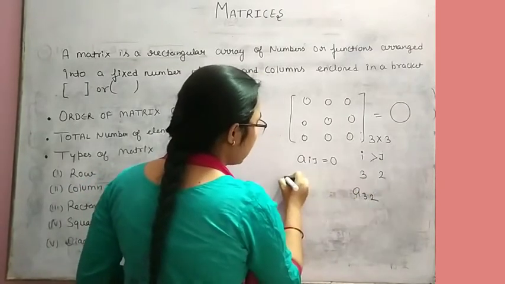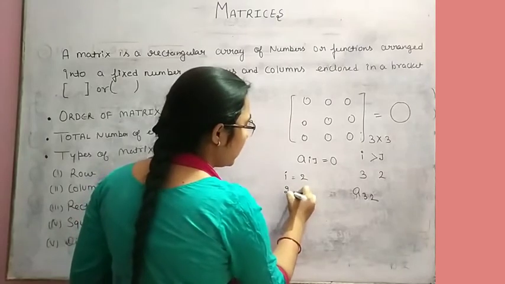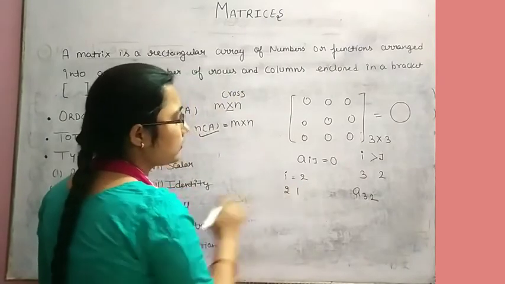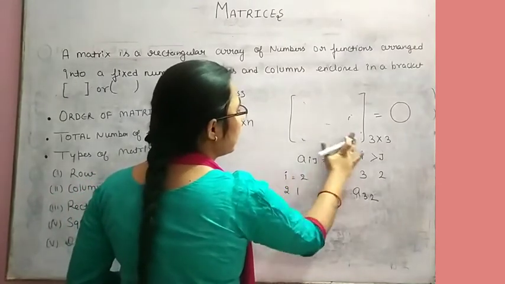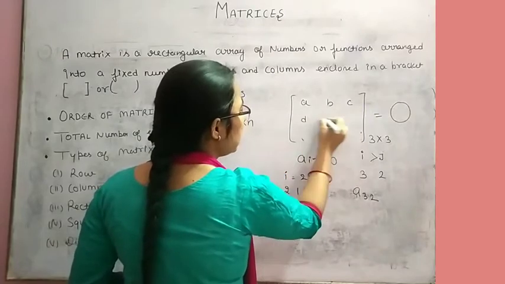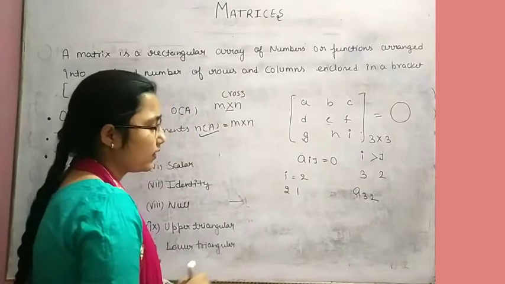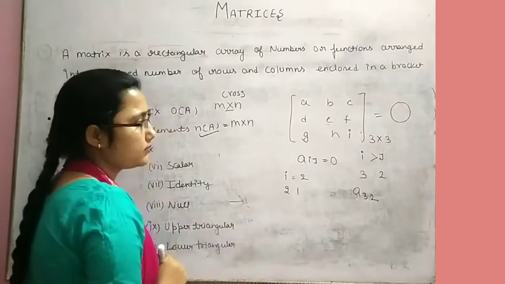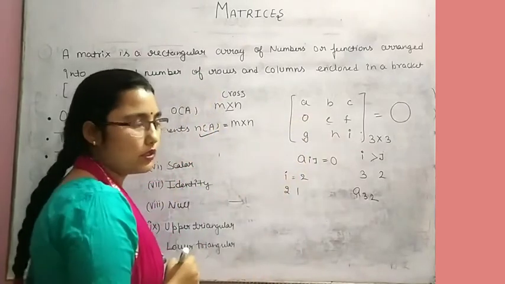Suppose I is 2. That means for 2, 1 the entry is 0. Suppose this is A, B, C, D, E, F, G, H, I. A2,1 means this is equal to 0.